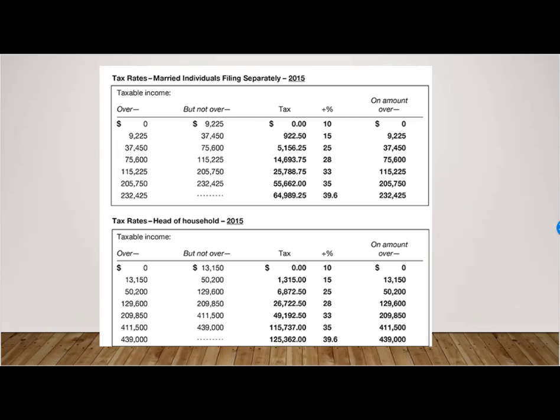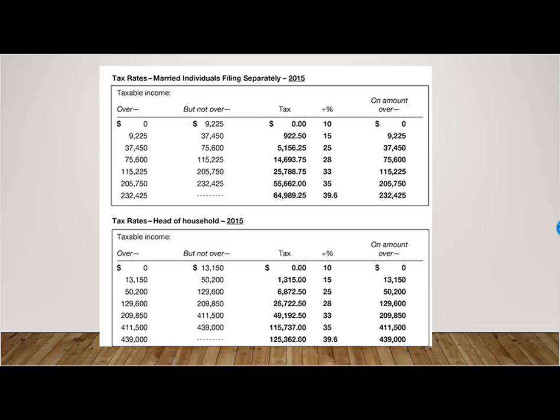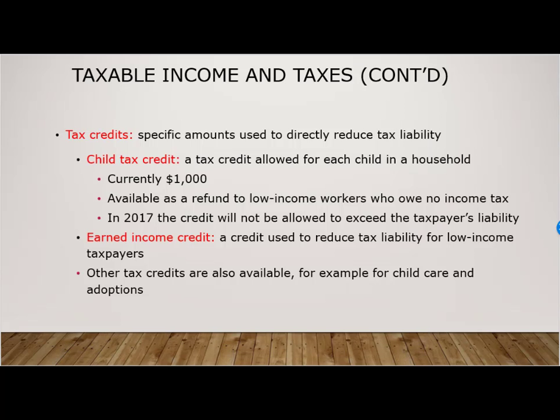Again, what changes is not the percentages that you pay, but it's the brackets that change. All right, you see 0 to 13,150. This is 0 to 9,000. Oops, I'm sorry, I went too far. 0 to 18,450. Again, here's single, 925. So the brackets themselves change, but the tax per bracket does not change.